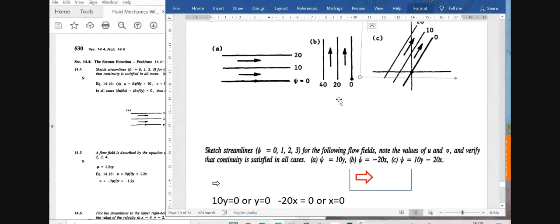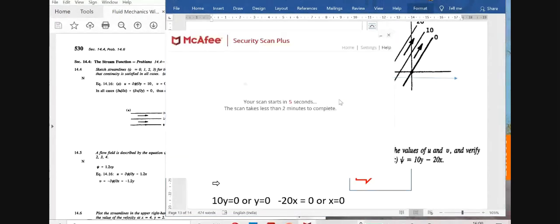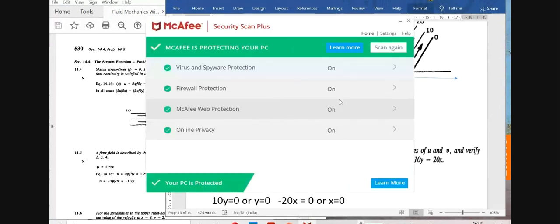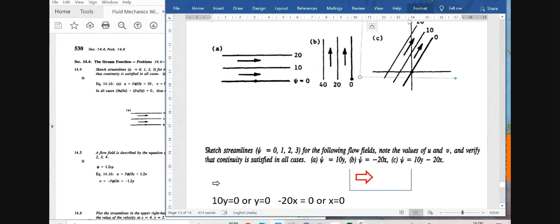Now I am saying that the problem is psi is equal to minus 10y instead of 10y. So that means the flow will now be right to left. And in the second case, when I say psi is equal to 20x, it will be top to bottom in the negative y direction, because in that case v is minus dou psi by dou x.